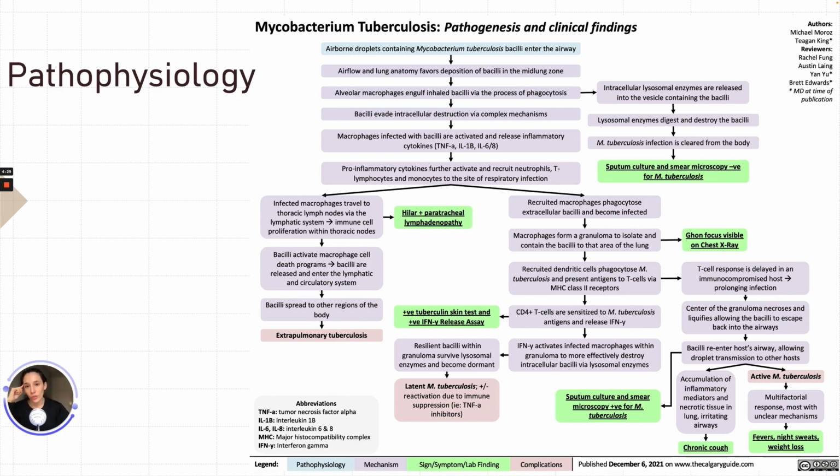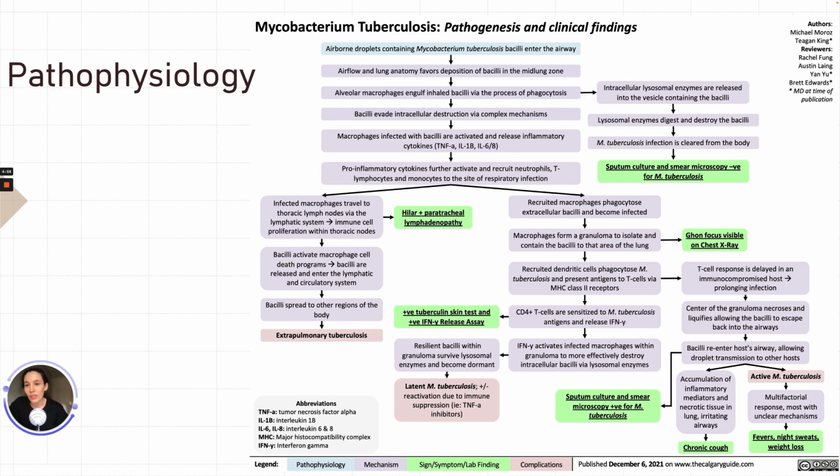We can also see intracellular lysosome enzymes are released, which digest and destroy the bacilli, and tuberculosis infection is cleared from the body when that happens, which comes to one of the labs we will use, so sputum culture and smear.